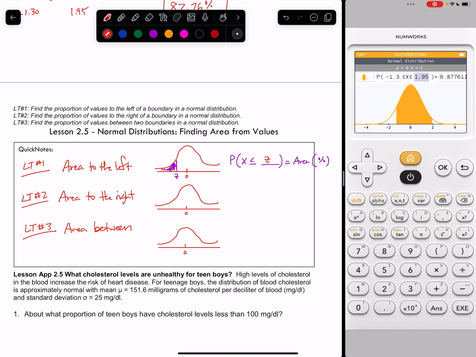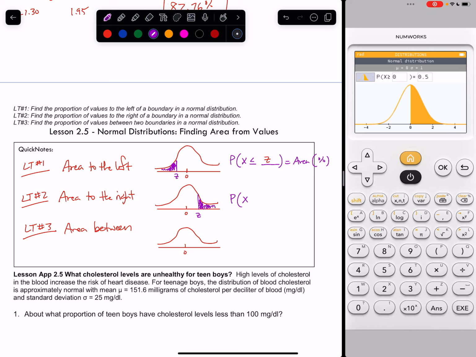For the right, again, I'm just going to go to the right just to make it visually look a little easier to understand. We want P, and I just want to double check and make sure I write this down right. So if we go to our numworks, okay, so it does keep x first.